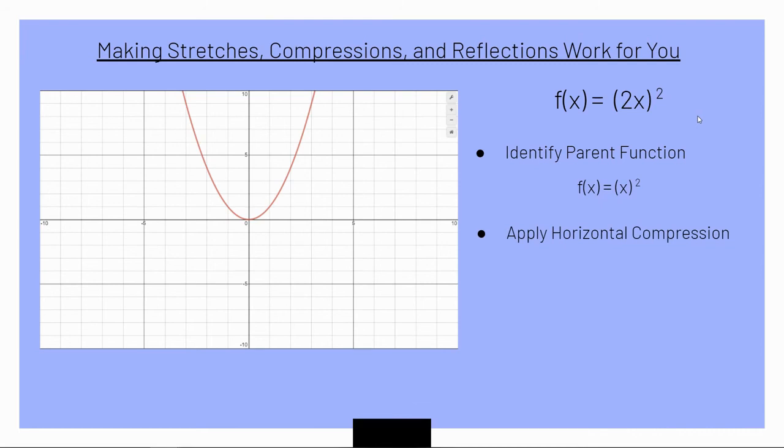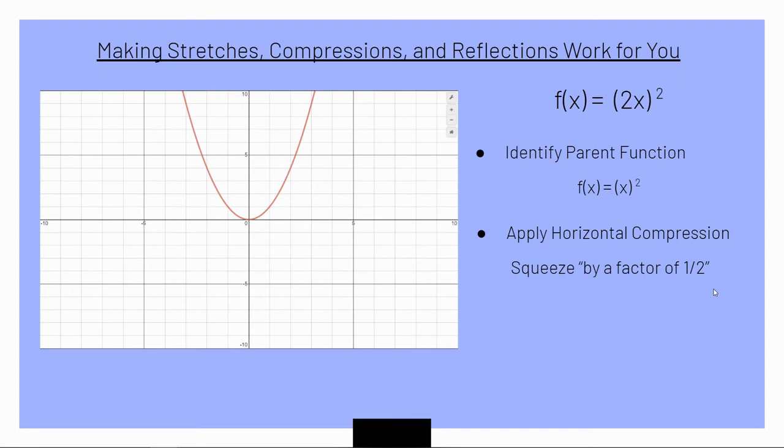If we apply the horizontal compression, because 2 is bigger than 1, it's a compression because it's inside the parentheses with x, horizontal compression, then it's by a factor of 1/2. Now, the reason it's written like this is because that is how you'll have to report it in school. When you're compressing by, if it's a horizontal situation, we have to flip our numbers.